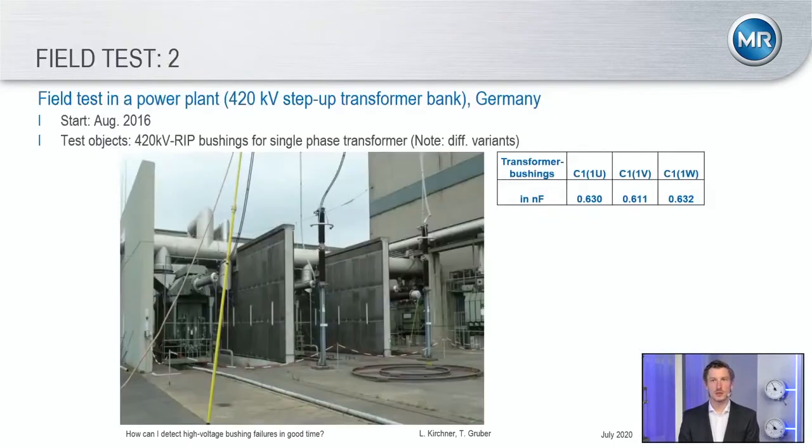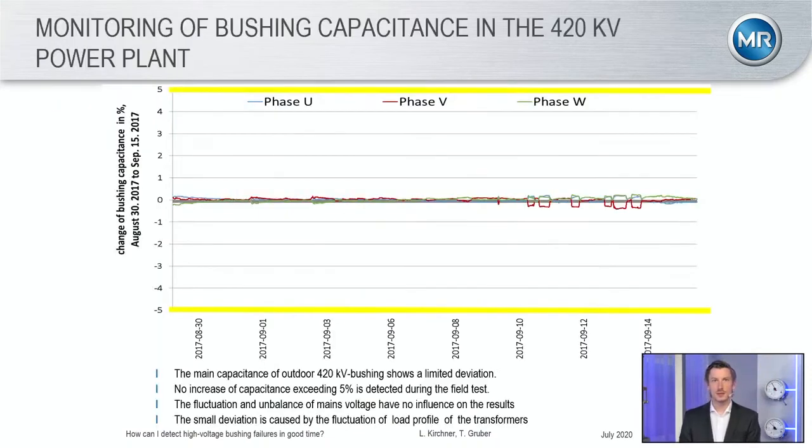But this is also why we tested our system in more harsh conditions, like this field test in a power plant, 420 kV. This is actually a transformer bank, but it's a three-phase system. So we applied bushing monitoring to it, and this is how the change of the capacitance looks like.